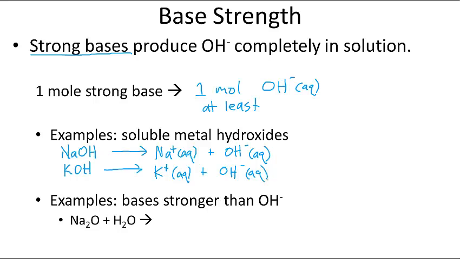Now, there are bases that are stronger than OH minus. And if you put them in water, they will completely rip H plus away from water to make OH minus. So one example would be if I put sodium oxide, Na2O, into water. Na2O has the O2 minus ion in it. So O2 minus, when it sees a water molecule, what do you think it's going to do?